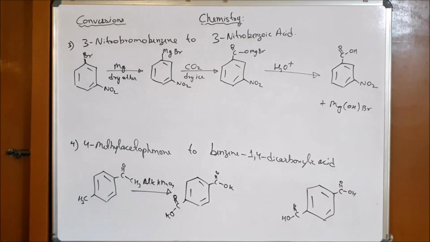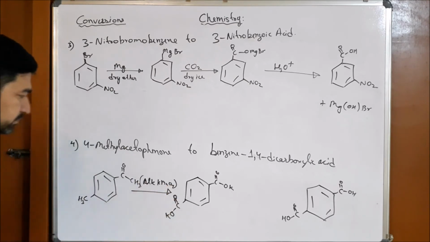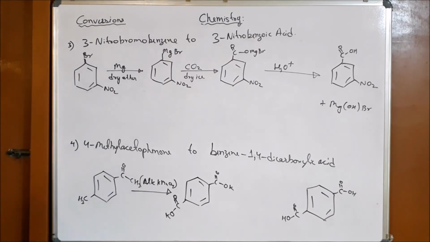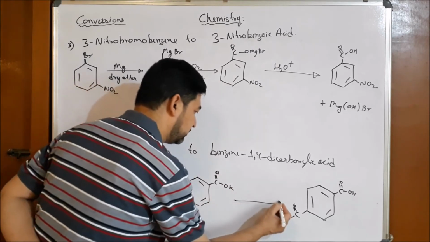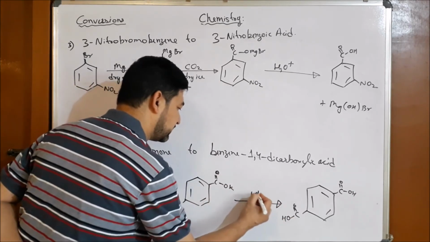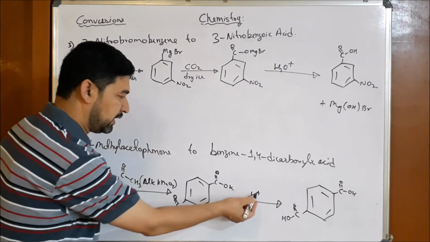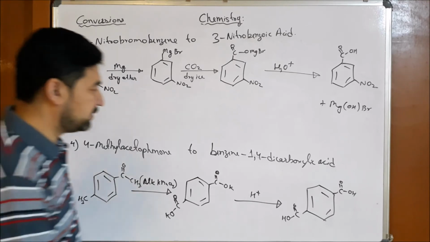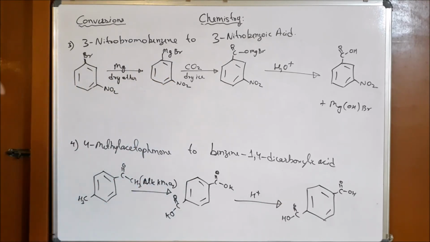So we use alkaline KMnO4, or you can use acidic K2Cr2O7 also. Then you have to do acidification. When you do the acidification, the H comes out and gets inserted on both sides. So ultimately we reach this product, benzene 1,4-dicarboxylic acid.